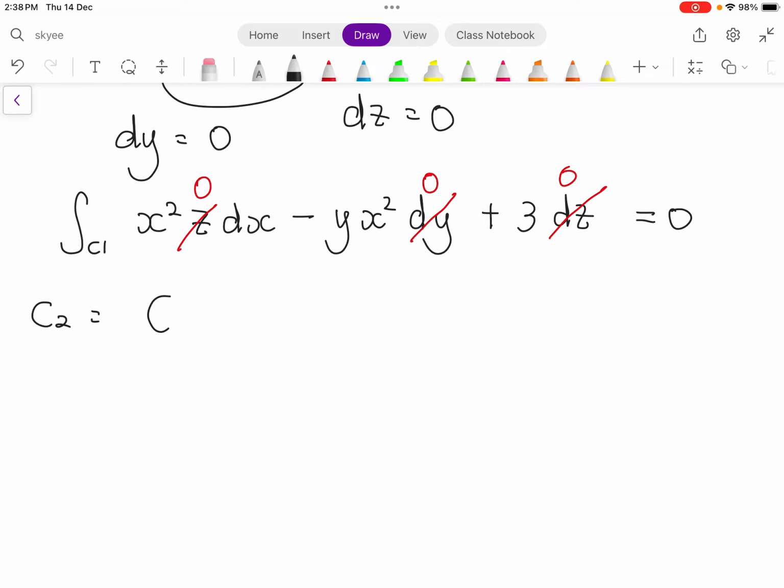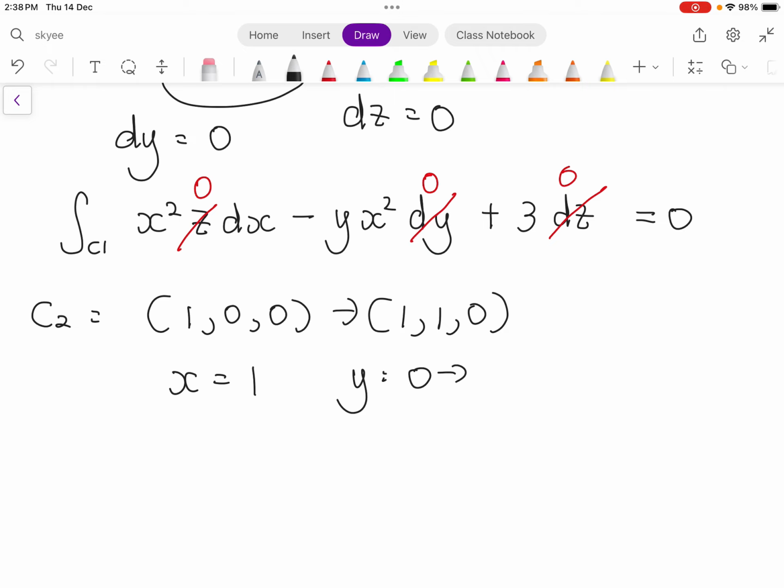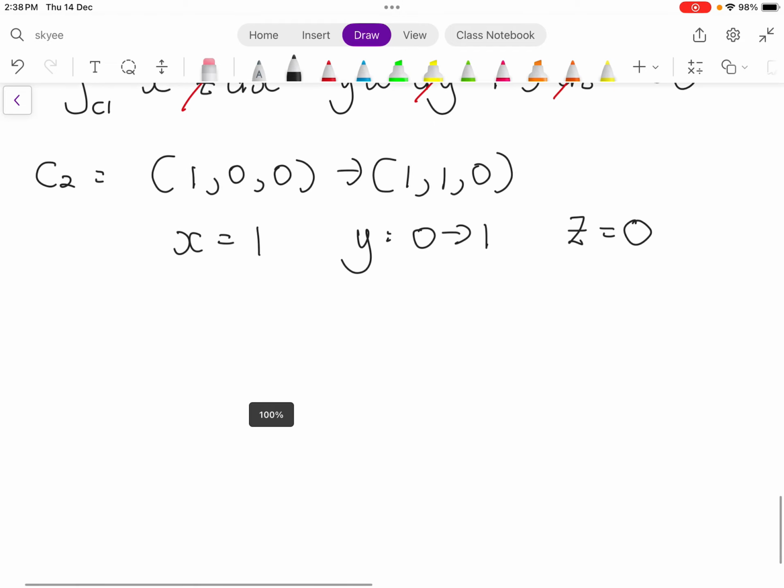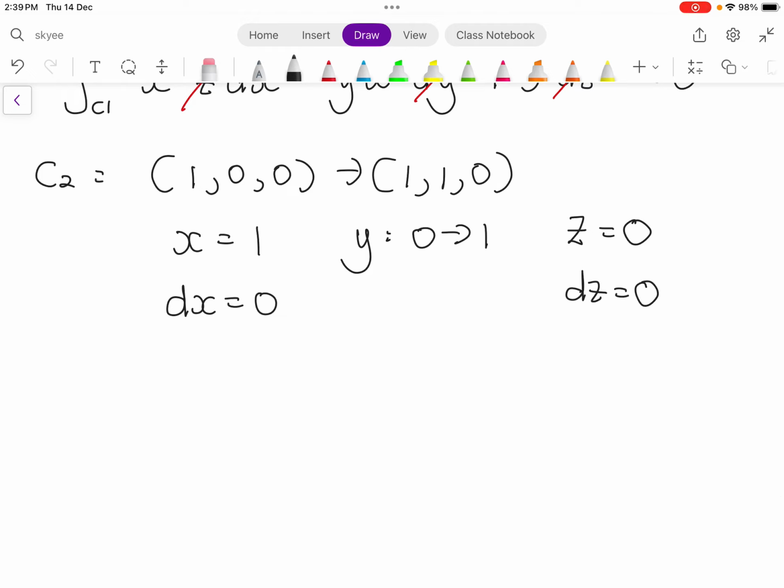You can see your x is equal to 1, it's not 0, and your y is from 0 to 1, and your z remains 0. We follow the same procedure, finding dx, which equals 0, and dz is also equal to 0, because I want to convert it into y dy.